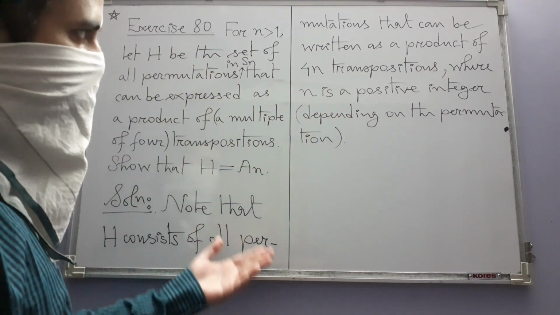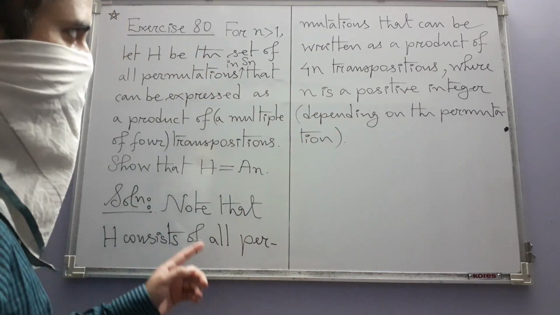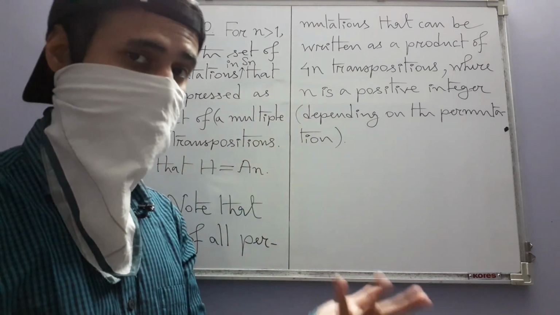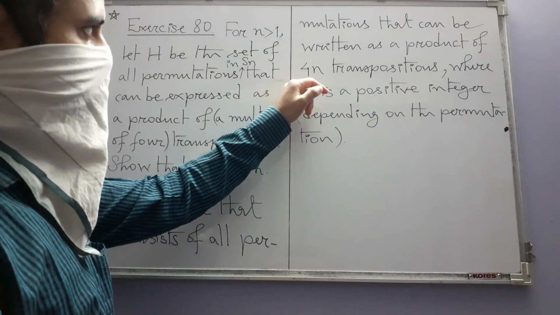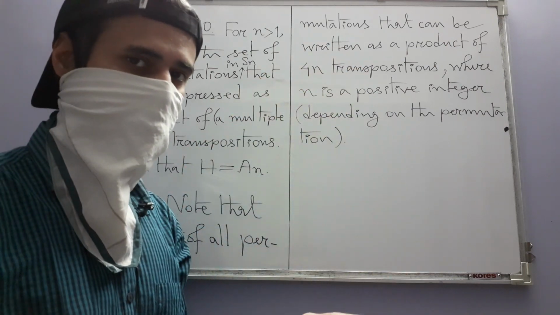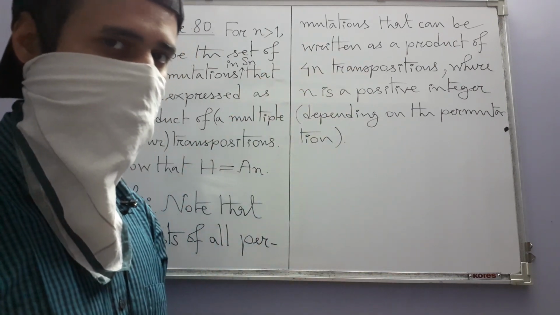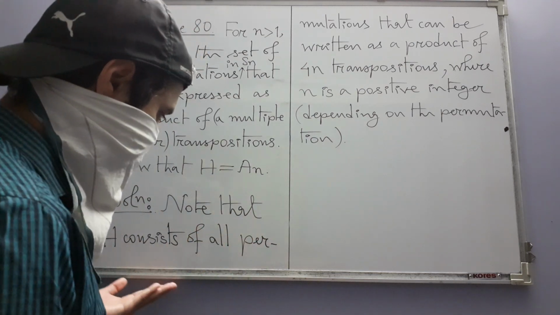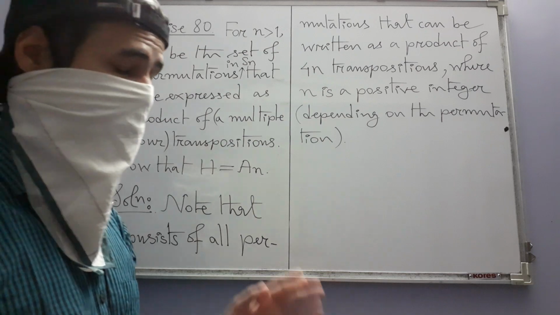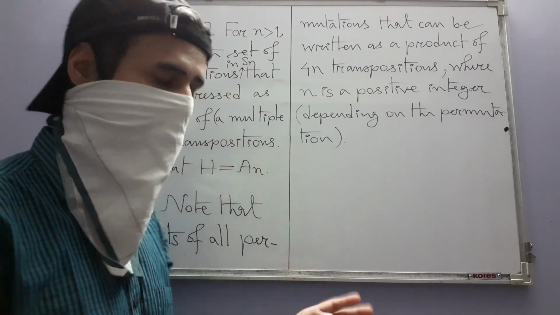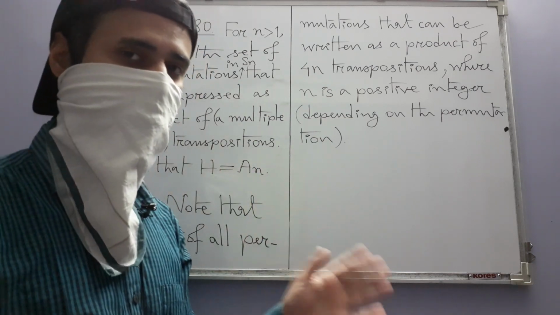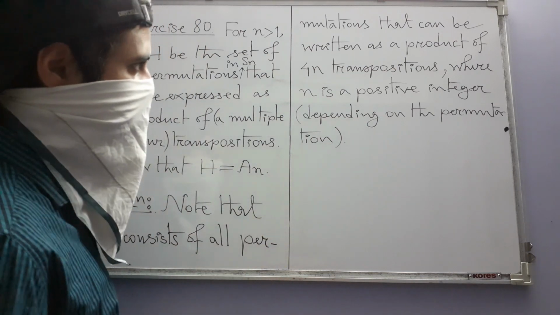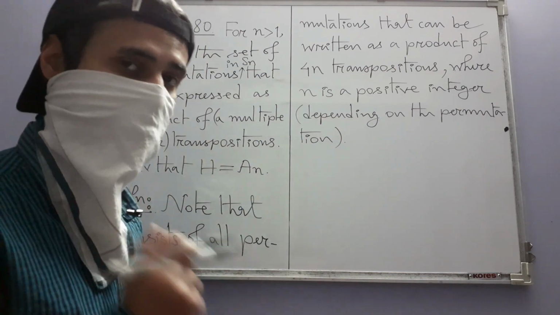Okay, so at once we see that because every element of H is a product of that many transpositions, and that many is an even number, in fact a multiple of 4, all the permutations in H, I keep messing up transposition and permutation, that is, all the elements in H are even permutations.